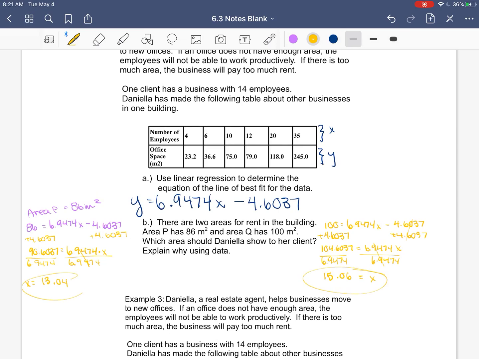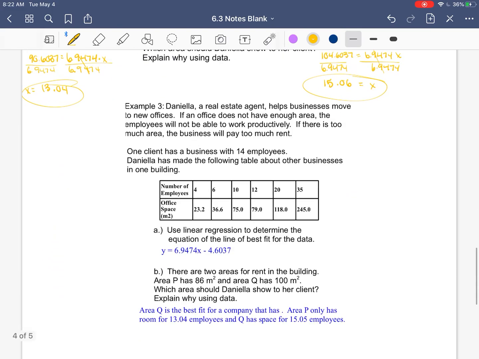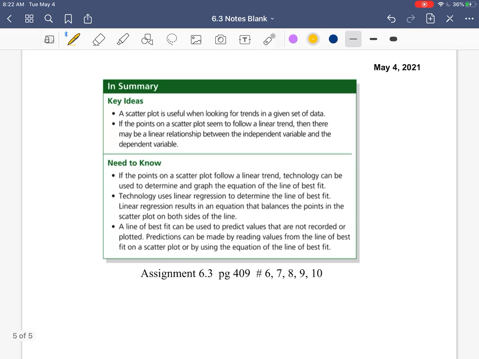This one could hold 15 people and this one could hold 13 people. Some might argue that it's better to have a little bit too much room, because they're not paying too much extra since it's essentially only one person more, whereas with one person less, there's probably not enough room for people. All right, there you go.